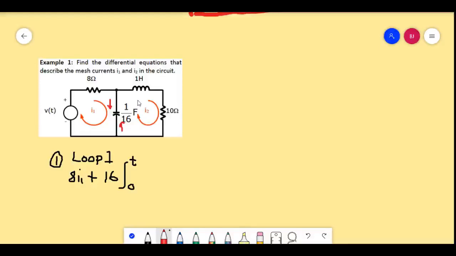So if we follow this loop, it's going downward through the capacitor. If we follow the other loop, it's going upwards through this capacitor. So they are actually opposite of one another. So that would be I1 minus I2. Now you might be asking, why not I2 minus I1?